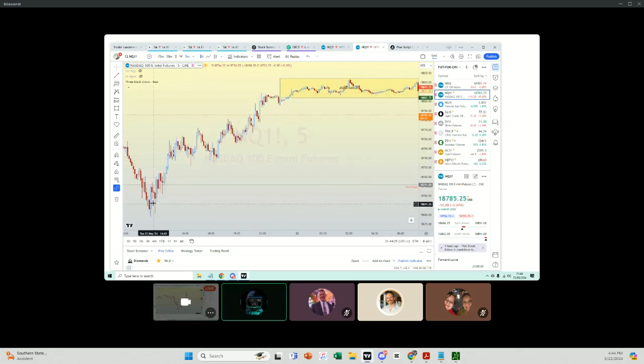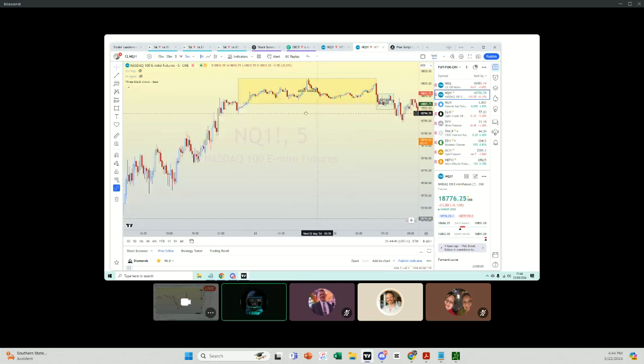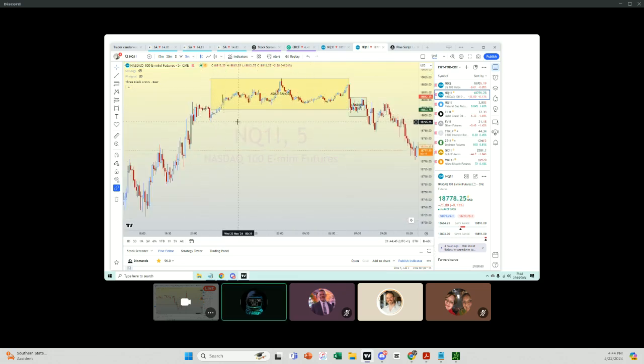If you were in this long from down here, you come up here, there's nowhere really that you've taken it. There's your lower low, higher low, your higher high, higher low, higher high, higher low, higher high, all the way up, and then you get into this bit here, and then it just flattens out. So you can hold that overnight, because you put your stop down here and just leave it. Wake up in the morning and hold on a wee sec.